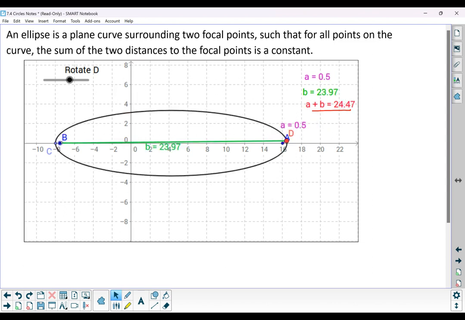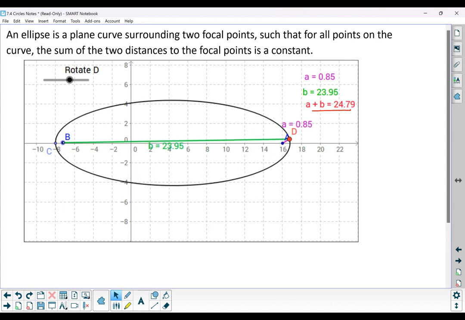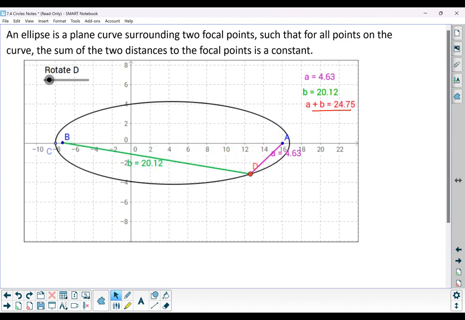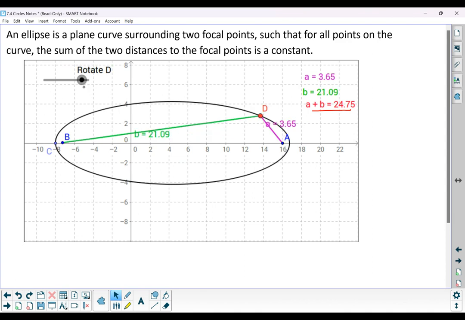So the closer the focal points are to the edge of the ellipse, the longer and skinnier it is. So this ellipse has a focal distance of 24.75, and no matter where I put point D, those two distances together always add up to 24.75.